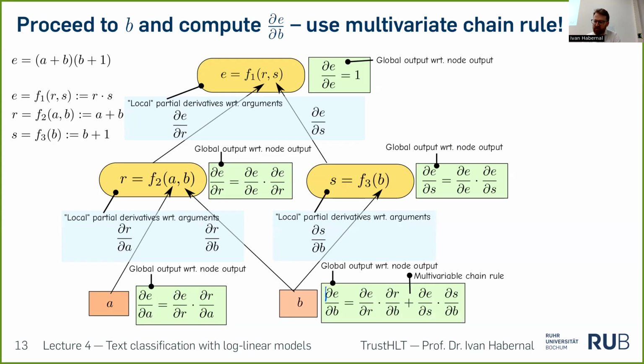And then we can move to the last node in the graph. What is the partial derivative of E with respect to B? So with respect to this node, the global output, how much it changed. Now we're using something we discussed two weeks ago, I guess, the multivariate chain rule.